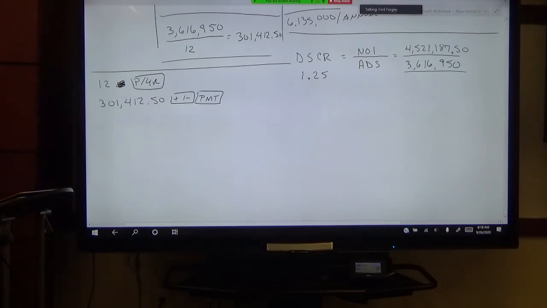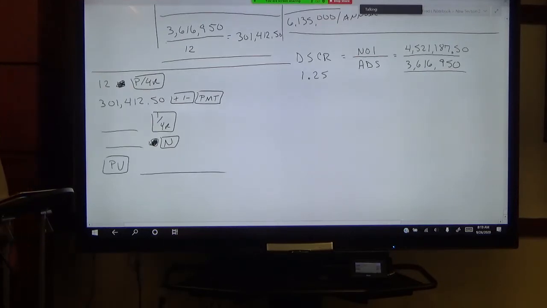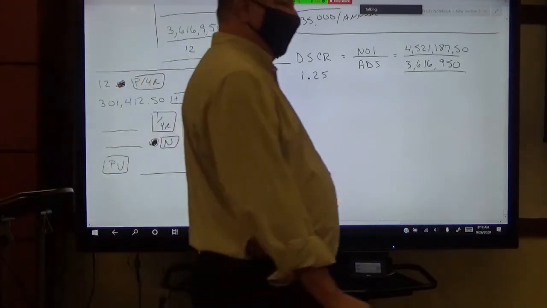Okay, now is where we would then begin to say, what is the interest rate they're willing to give us? What is the term in years they're willing to give us? And then ultimately, what is that going to translate into in terms of the actual loan amount they're going to be willing to give us? Does that make sense?